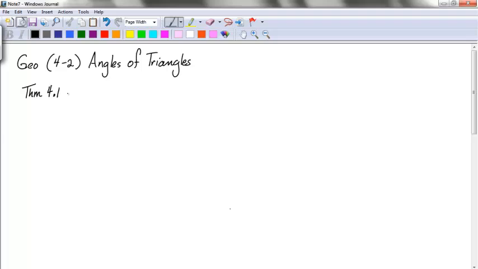First thing they go through is theorem 4.1, and they call this the triangle angle sum theorem.